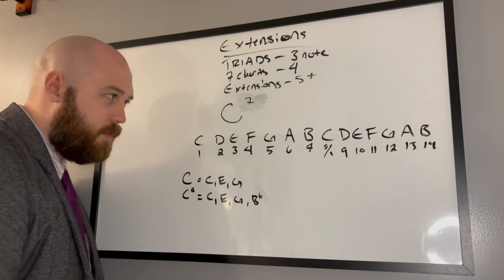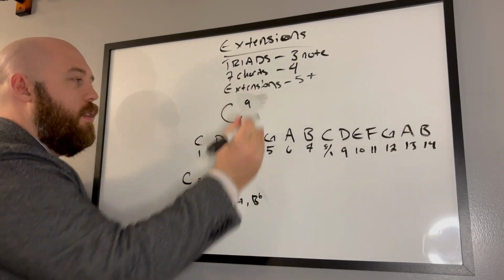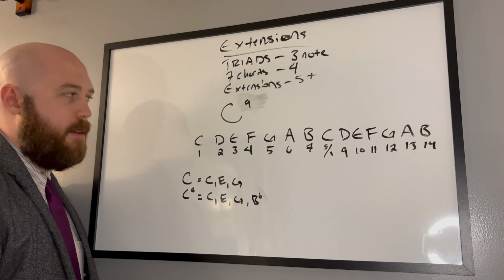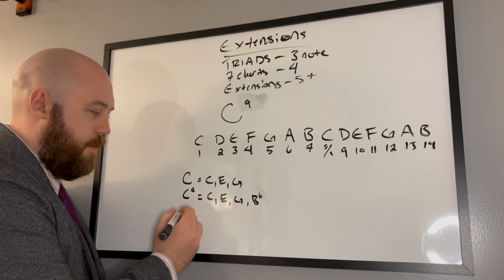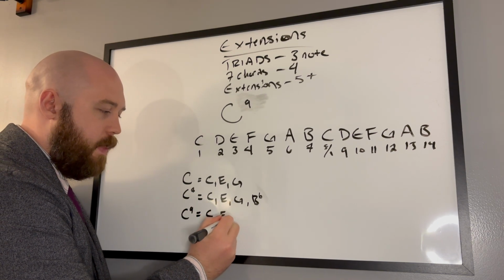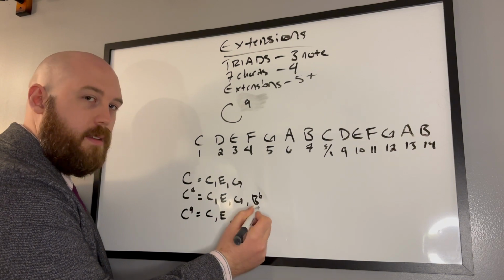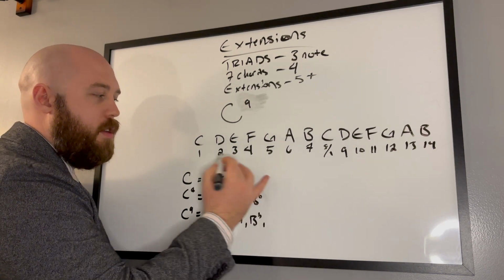Okay? Now, you see C9. If that's all it is, if it's just the number, this is what it looks like. All the same, even the B flat. Okay? And then you just count it out.